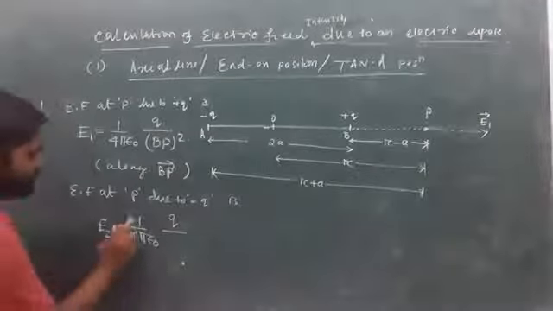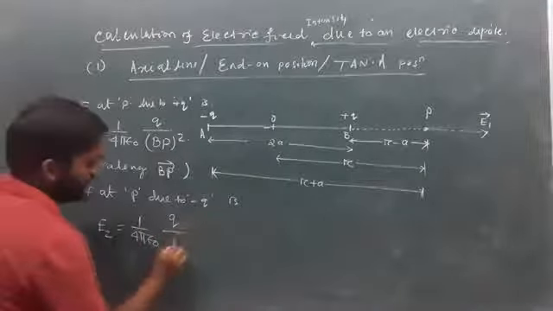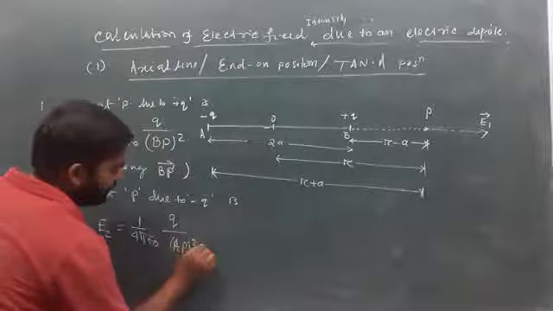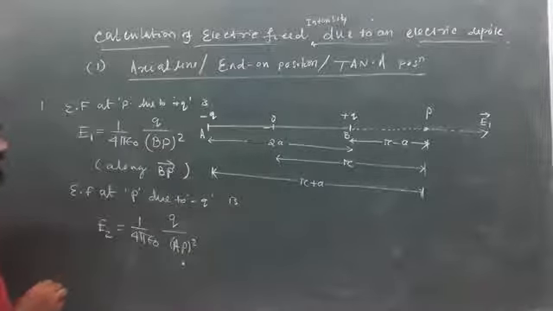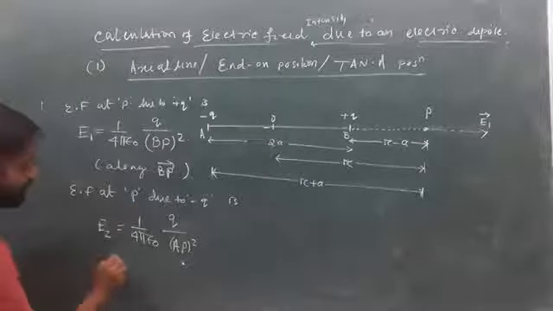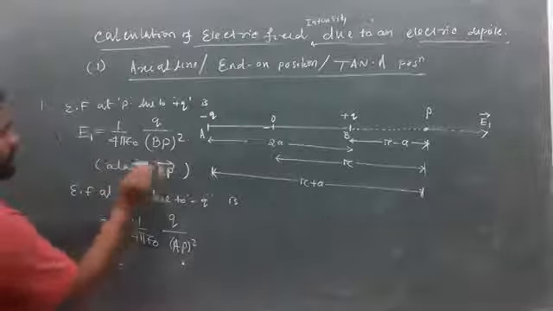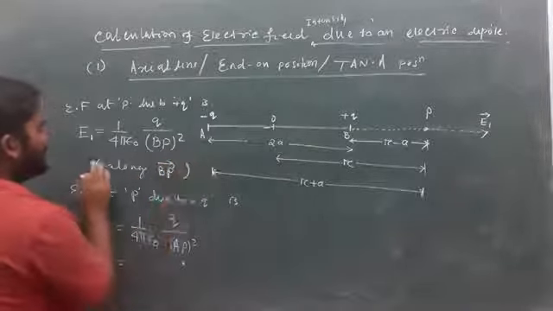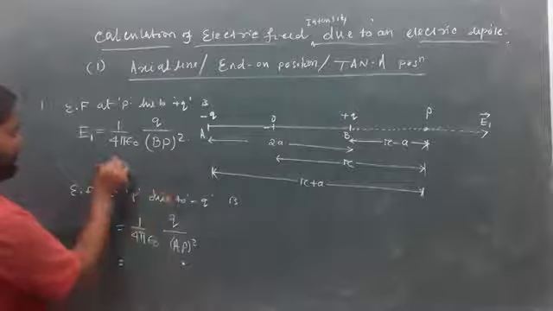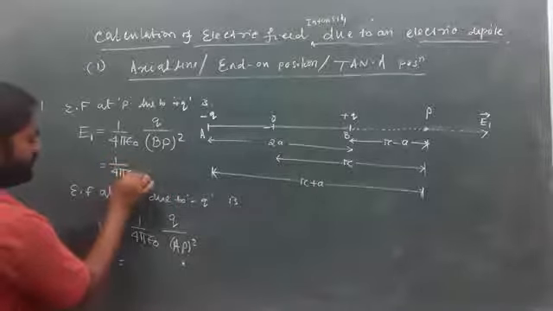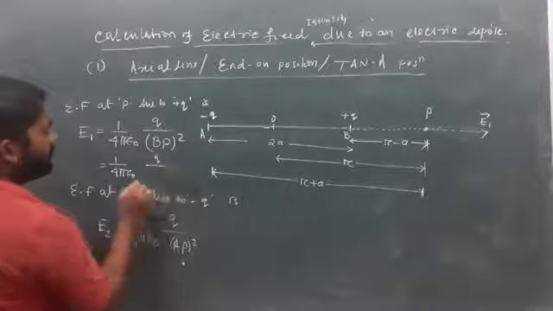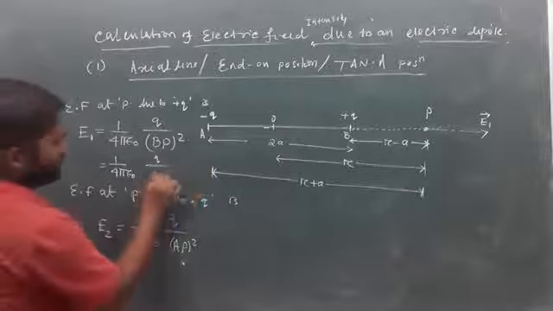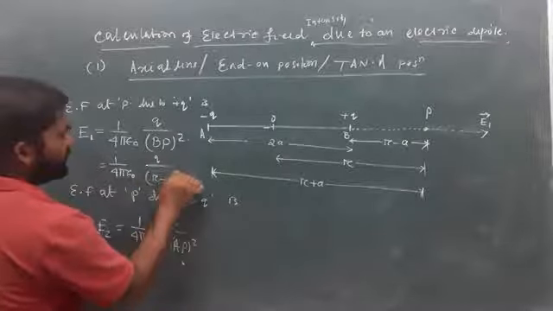So E2 equals 1 by 4 pi epsilon 0 q by AP square. Substituting the value of AP, that is 1 by 4 pi epsilon 0 q divided by r minus a square.